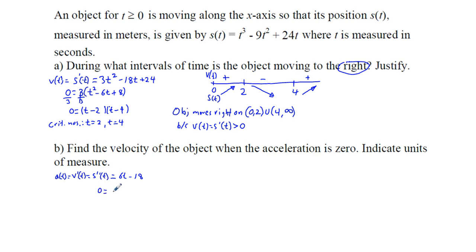So we say 0 equals 6t minus 18, and then 0 equals, factoring 6 out of each term, 6 times quantity t minus 3. So our critical number is, we would say, acceleration equals 0 at t equals 3 seconds.